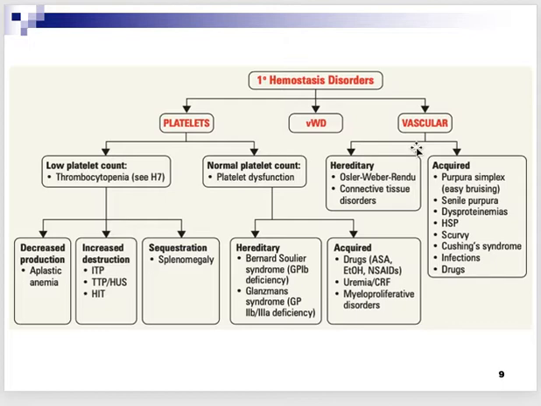It is factor 8 deficiency, and what is hemophilia B? It is factor 9 deficiency. And then there could be deficiency of factor 11. Then there could be liver diseases, kidney diseases, vitamin K deficiency. All these factors can cause disorders of the secondary hemostasis.